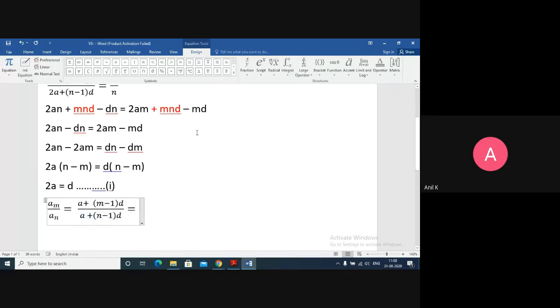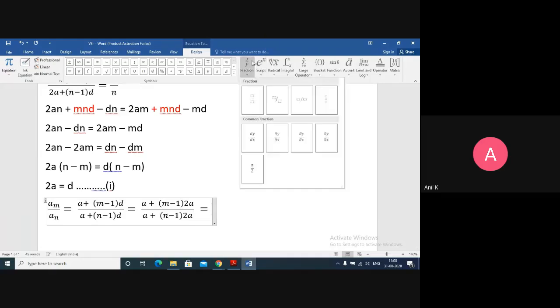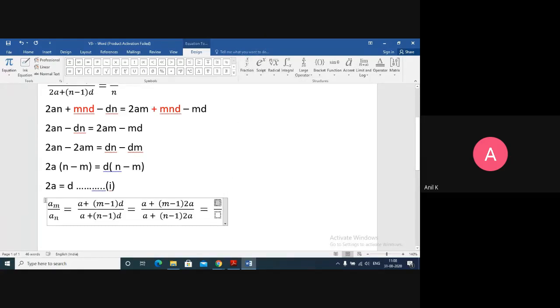So the next step, I think you understood. The d value I'll replace as 2a. So I have a plus m minus 1 into 2a upon a plus n minus 1 into 2a. From the numerator and denominator, I can take a common and cancel. So for taking a common, what is left here is 1 plus m minus 1 into 2.